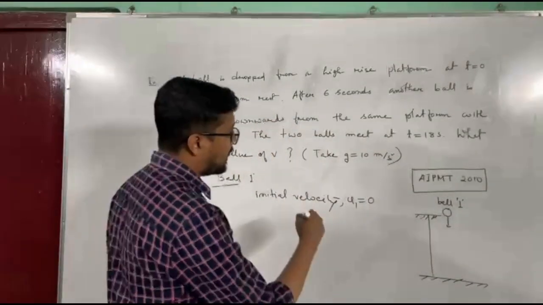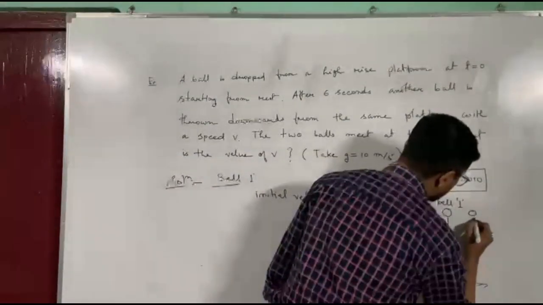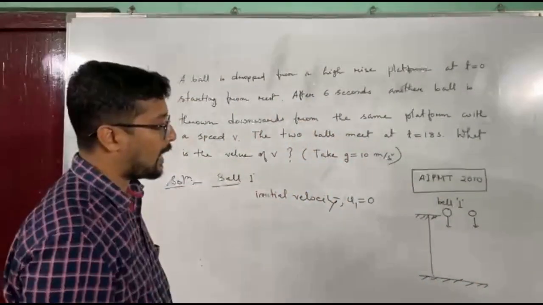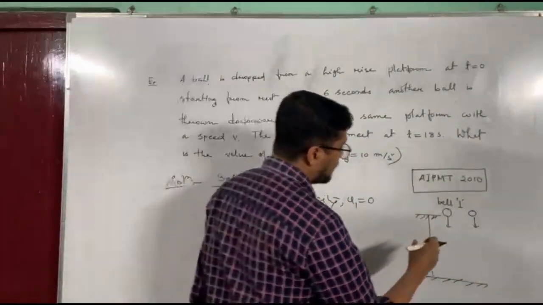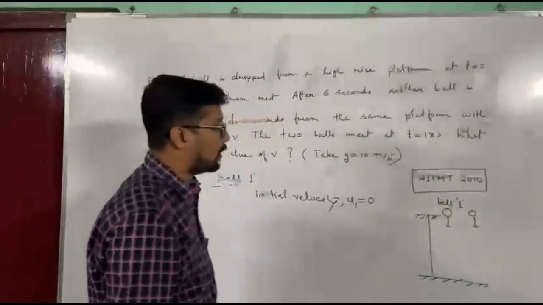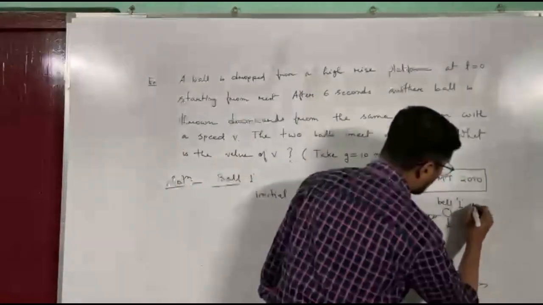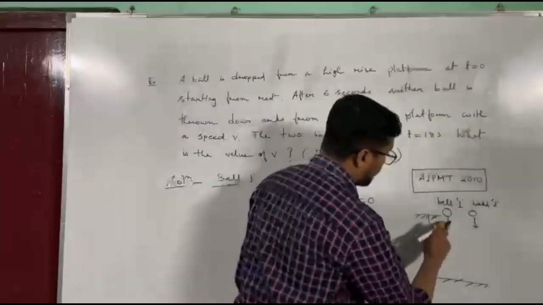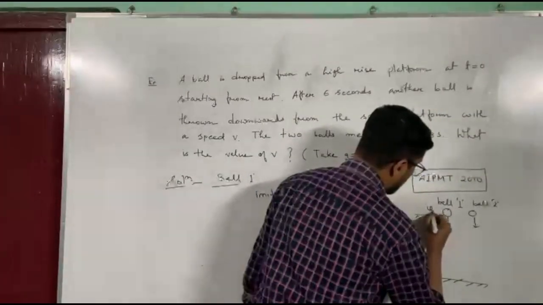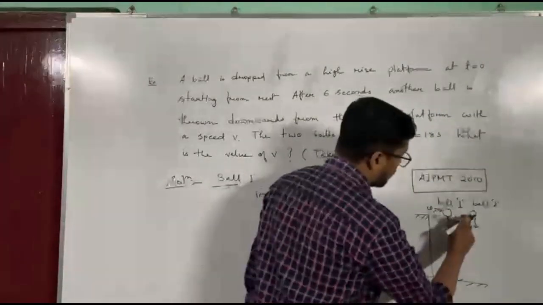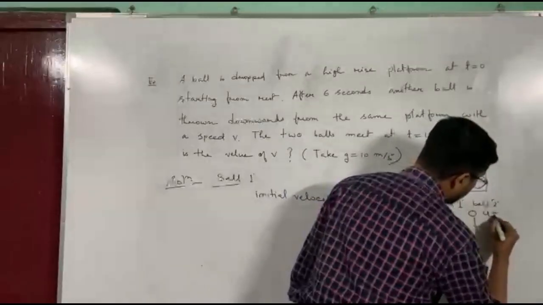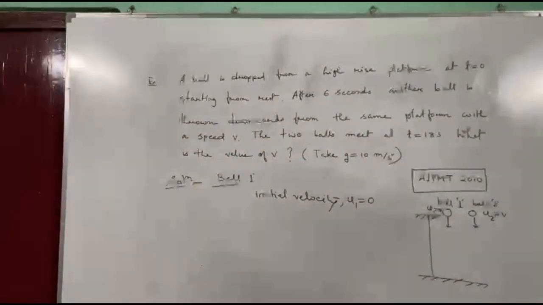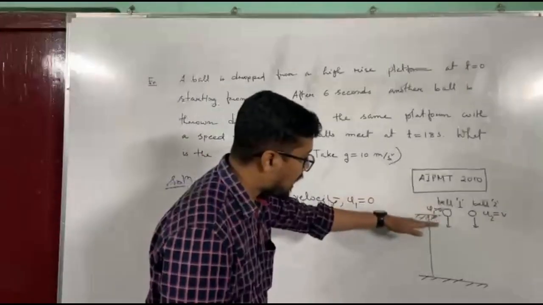Now the second ball, ball 2, is not simply dropped from the same height, but thrown with some initial velocity. For ball 1 the velocity u1 was 0, but for this u2 is given as v, and they have said that this height is the same.